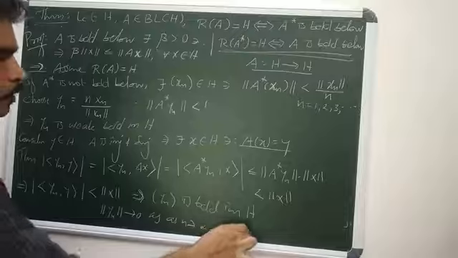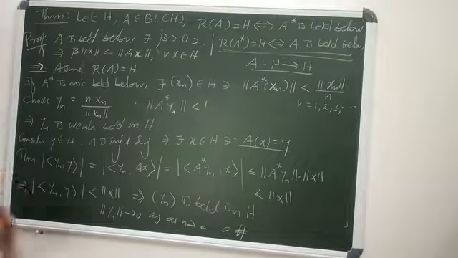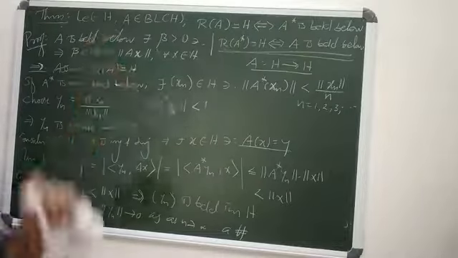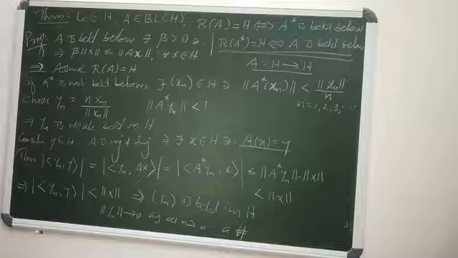That's a contradiction. This contradiction is due to our wrong assumption. Hence, A* is bounded below. So, when the range of A equals H, then A* is bounded below.